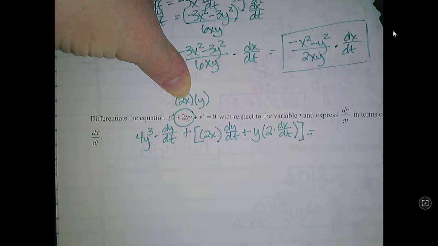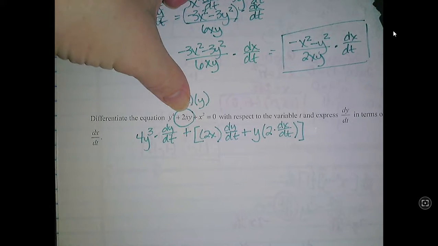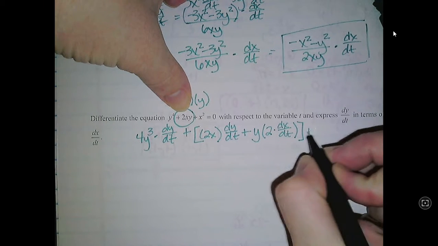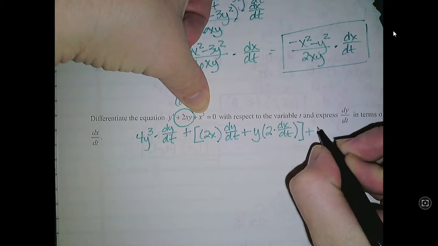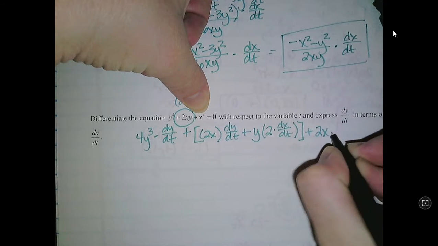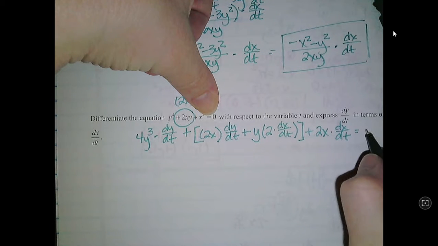Not equals, because I still have one more term. So plus the derivative of x squared with respect to t, which will be 2 times x times the derivative of x with respect to t, and that's going to be equal to 0.